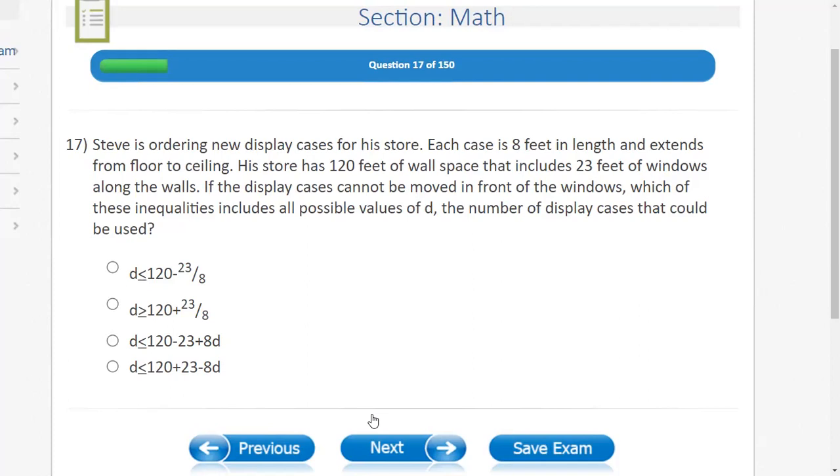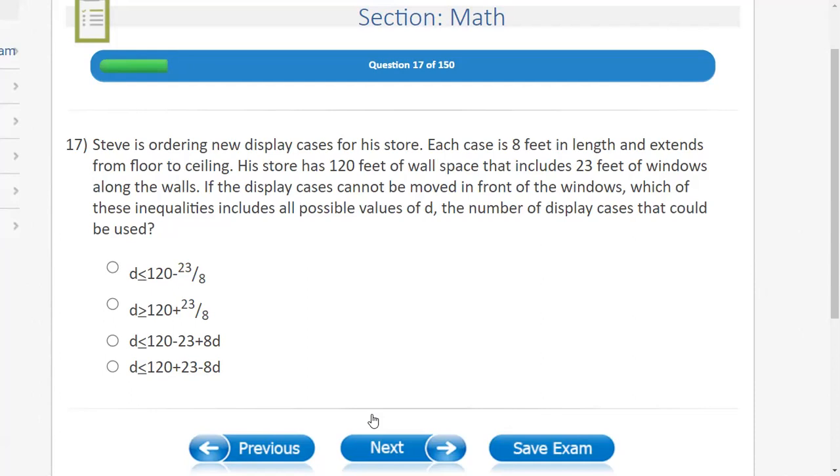D has to be, so 120 feet, minus 23 feet of windows, and then 8 times the length, so 8D.